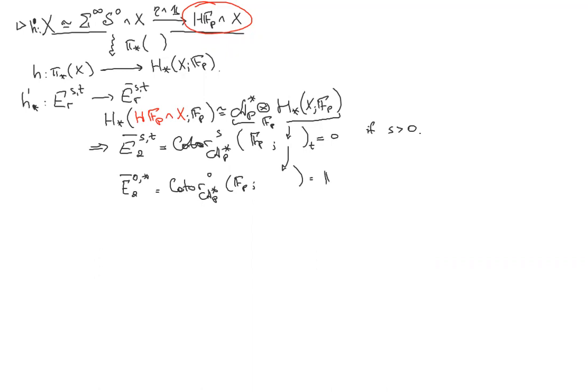This is F_p tensor over A_p star with this. There's no other way to write it down, which is the homology of X with coefficients.